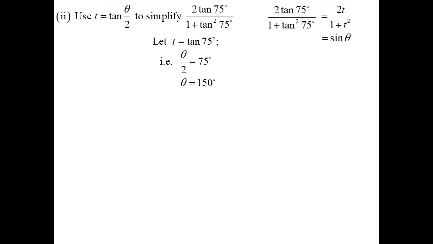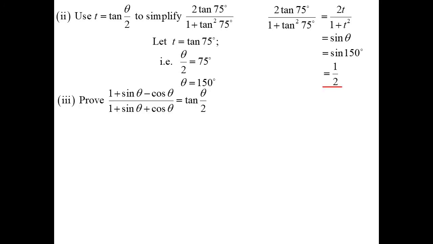Well, that's sine theta. But remember, theta will be double the angle. So 150. Sine of 150, second quadrant. Sine's positive. The acute angle would be 30. Sine 30, half.